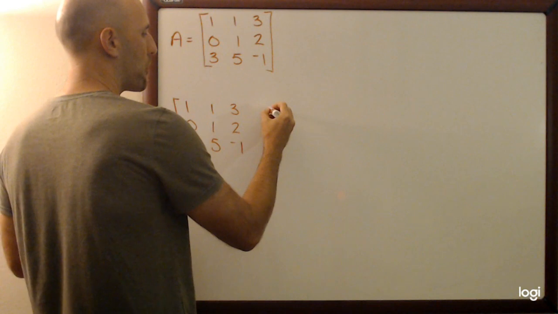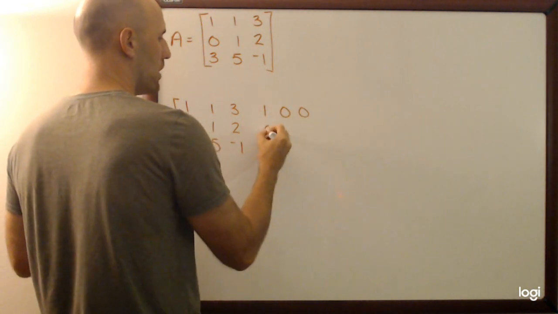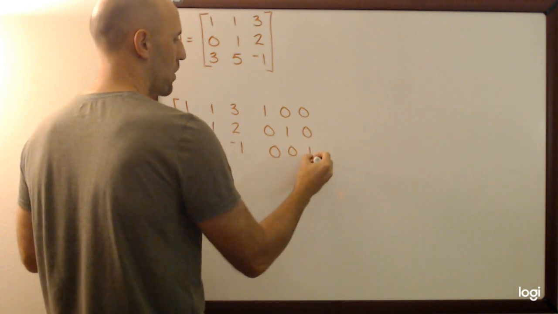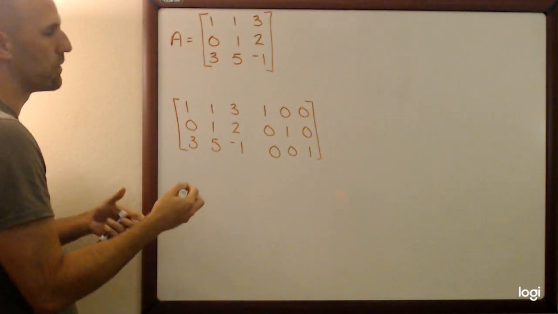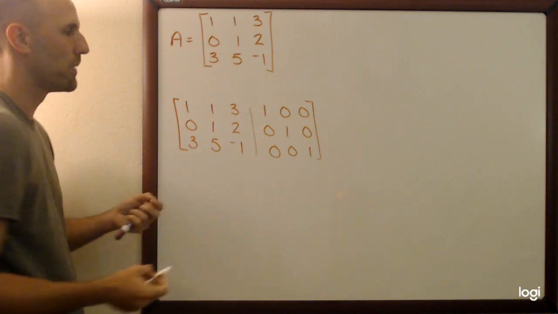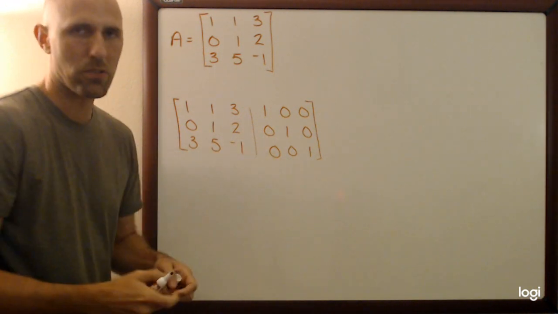And I3 is 1, 0, 0, 0, 1, 0, 0, 0, 1. And I'm going to glue these two things together. Now, the way we notate this is, I'm just going to put a little vertical line here, just to remind myself these are two separate matrices.